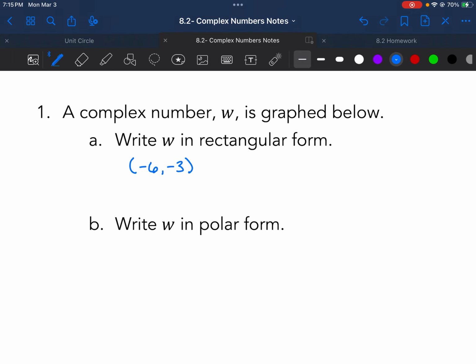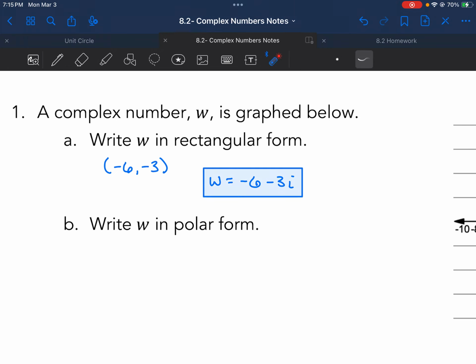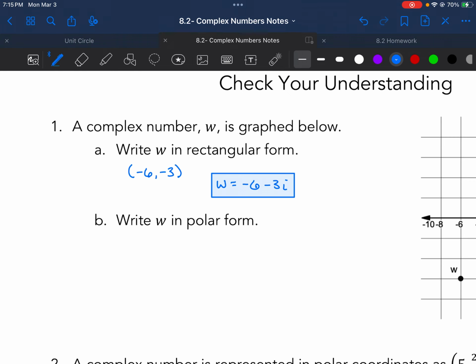All right, so -6 is the real part, -3 is the imaginary part. So our complex number w is going to be -6 minus 3i. Real part plus imaginary part times i.